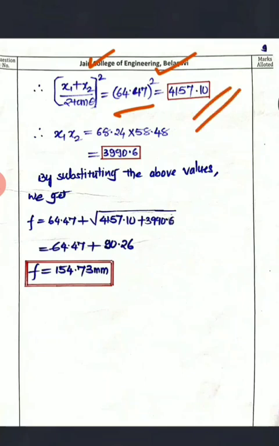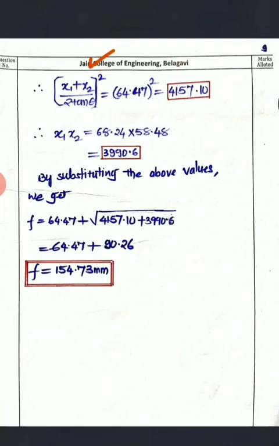Then x1 x2, I'm just simplifying things: x1 is 68.24 into 58.48, which is x2, so you'll be having 3990.6 here.